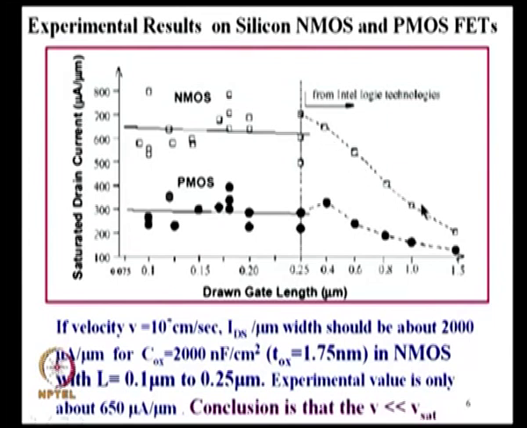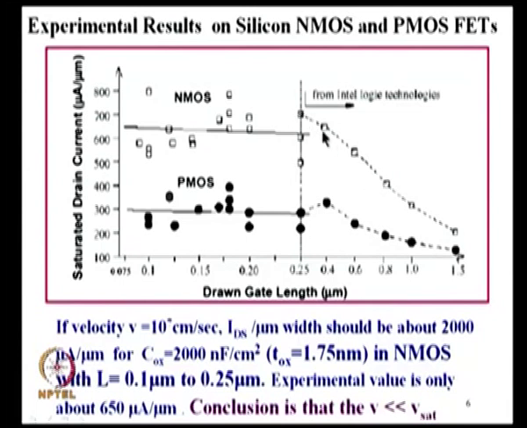You can see the drain current keeps on increasing because you are not in the velocity saturation region. The drain current in this region is controlled by mu C oxide W by L into VGS minus V threshold whole square. So, because it is inversely proportional to channel length, the drain current keeps on increasing as you reduce the channel length.